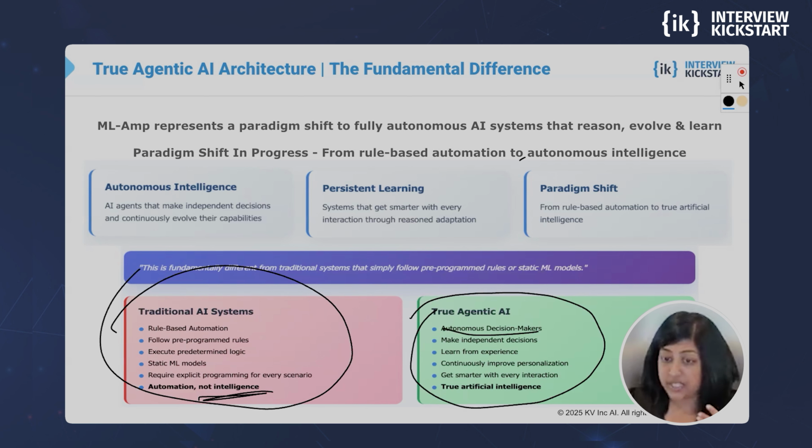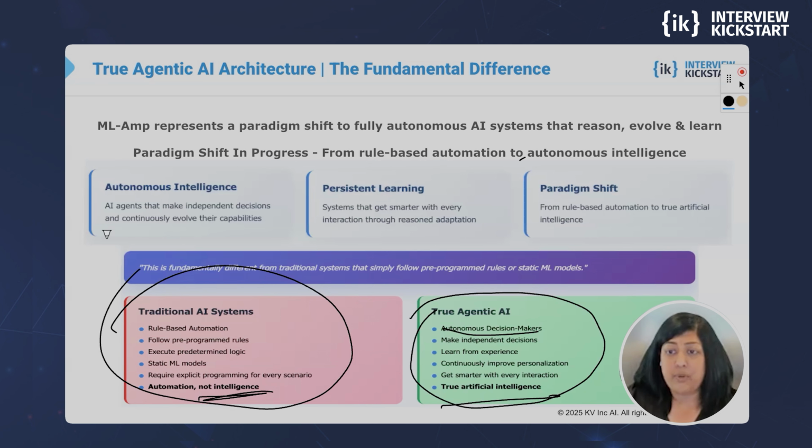It works in an autonomous fashion. It's a fully autonomous system. It makes decisions, independent decisions at that. It's learning from the learners' past performance, continuously improving personalization, and getting smarter. It's learning more about the user's skill level at every turn, at every interaction. So this is a true agentic artificial general intelligence system.